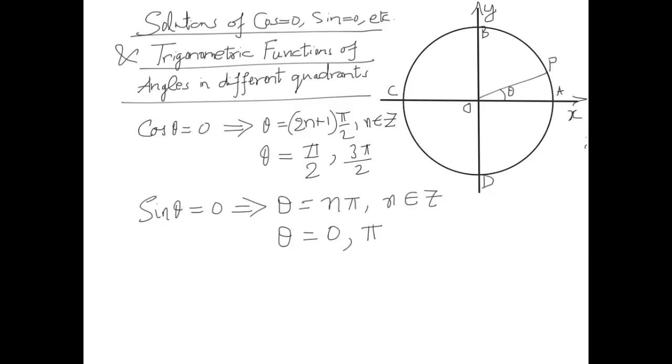And likewise, we can find solution for tan theta is equal to 0 equation, and because tan theta is the ratio of sin theta by cos theta, this equation would be satisfied when sin theta is equal to 0 and cos theta is not equal to 0, because the denominator cannot be equal to 0, and therefore we can say that the general solution to this equation tan theta equals to 0 is the same as that for sin theta is equal to 0, that is theta is equal to n pi, but with the condition that cos theta cannot be 0, that is theta cannot be equal to an odd integer multiple of pi by 2 or 2n plus 1 times pi by 2.